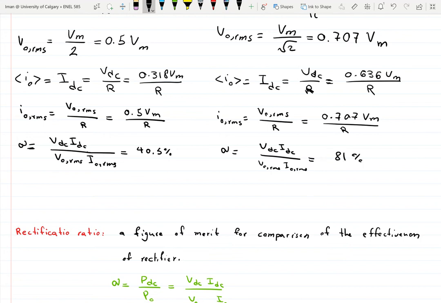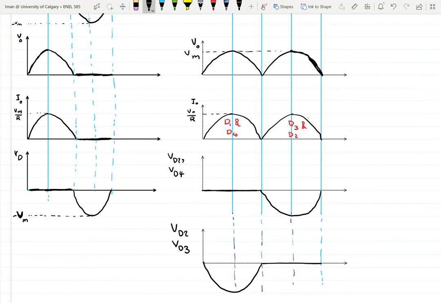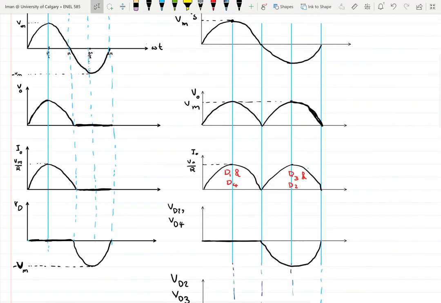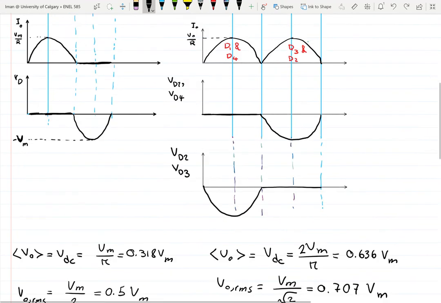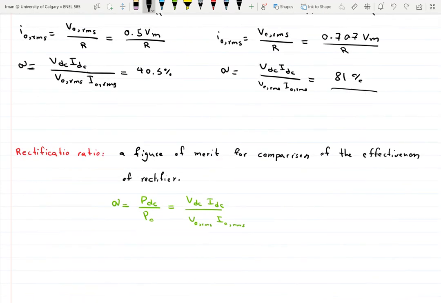So as you can see, in full wave rectifier, because we are utilizing both sides and therefore our V out is not 0 for half of the cycle, like in this situation, we would have a better rectification ratio.